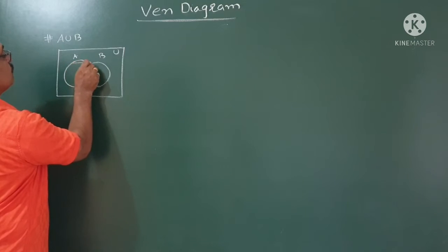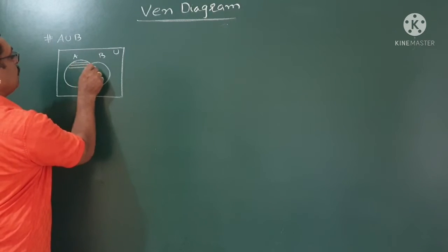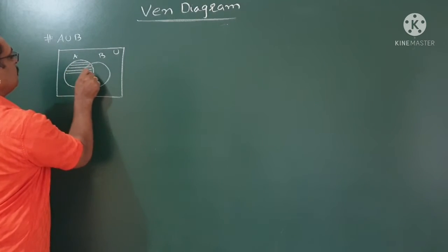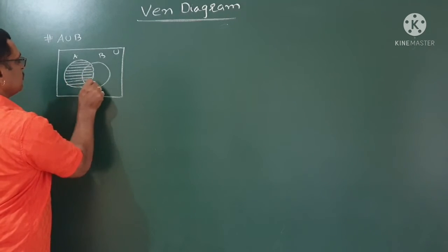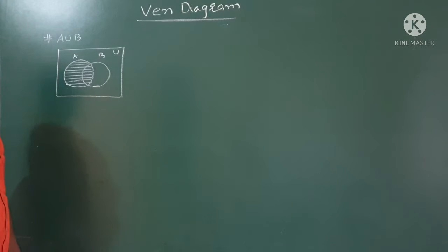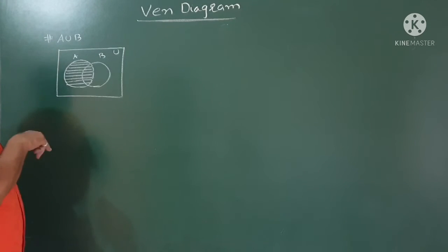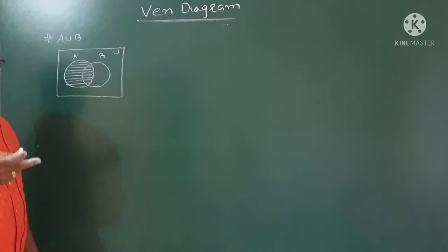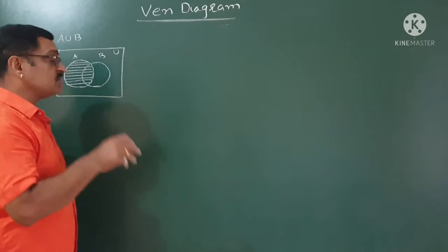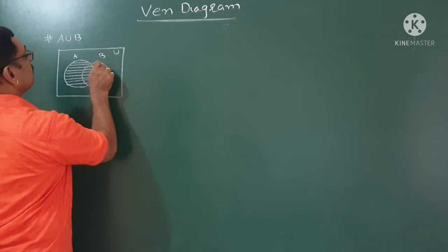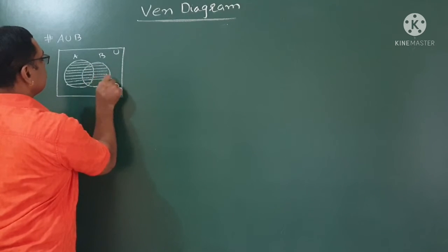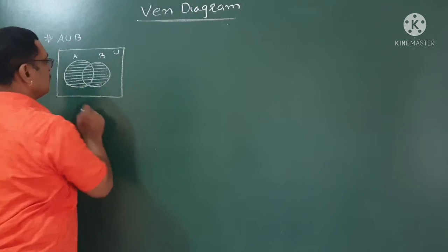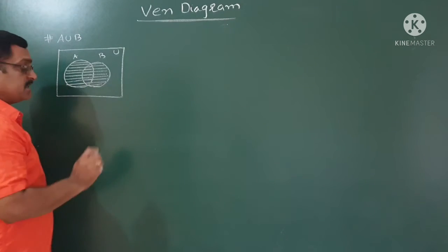So I draw horizontal lines to shade A. Now whatever lines I use for A, I am going to use the same lines for B also. That means horizontal lines. Now the whole picture represents A and B.